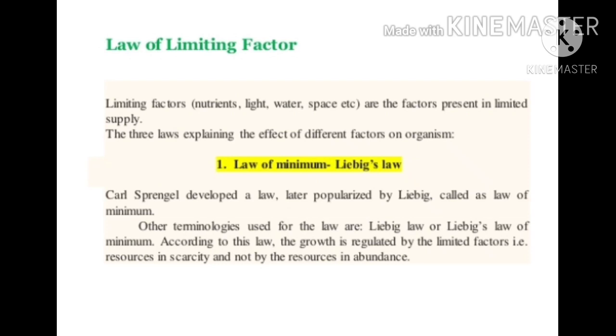If a lot of nutrients and an abundant amount of oxygen are available, but the climatic condition is limited, then the growth and development of the population will not take place properly. Because the growth and development of that particular population is influenced by that lowest factor or limiting factor, namely the climatic factor. Okay, this is Liebig's law or index.